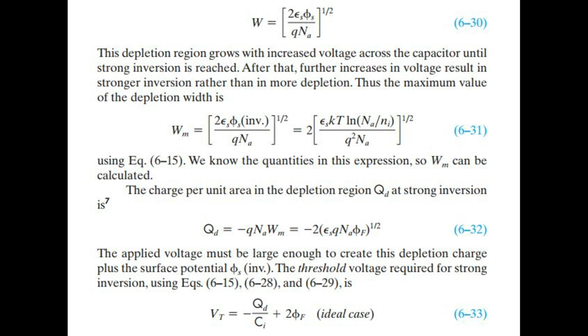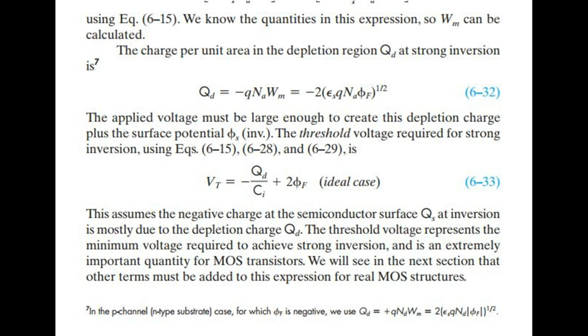The threshold voltage represents the minimum voltage required to achieve strong inversion, and is an extremely important quantity for most transistors. We will see in the next section that other terms must be added to this expression for real MOS structures. The capacitance-voltage characteristics of this ideal MOS structure, Fig 6.16, vary depending on whether the semiconductor surface is in accumulation, depletion, or inversion.